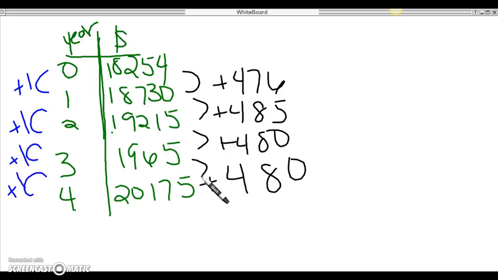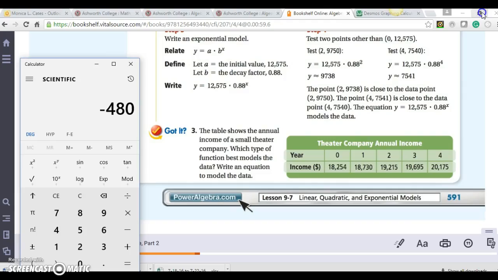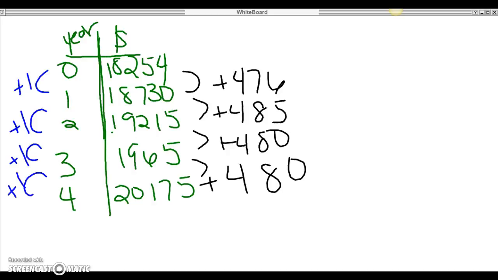So I'm going to say that this is a linear function. And it makes sense, since we're talking about the income of a theater company over the year. So it's probably not going to increase exponentially. That might be a little too much, but it will increase linearly. So that does make sense for what we're dealing with. So we'll go back to our box.